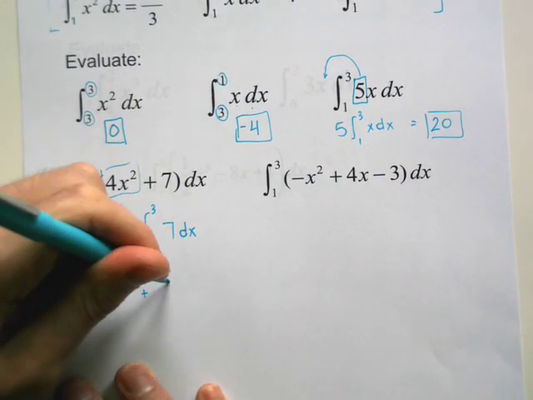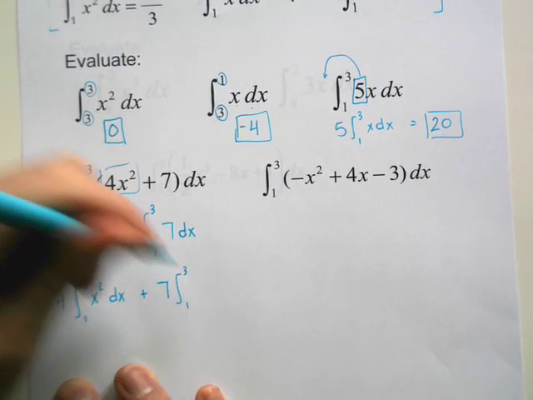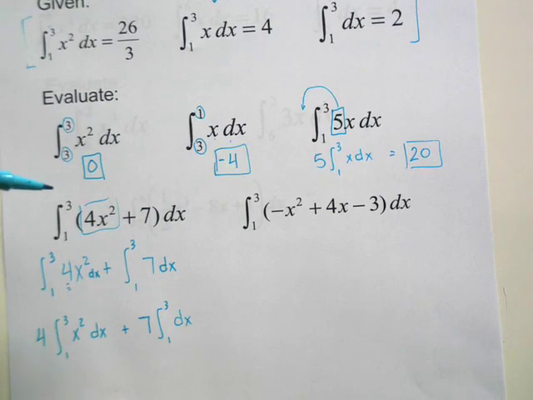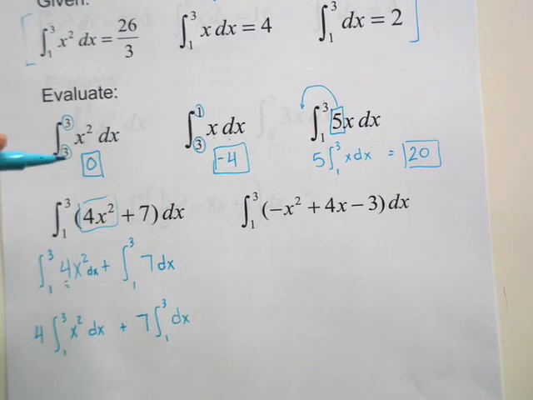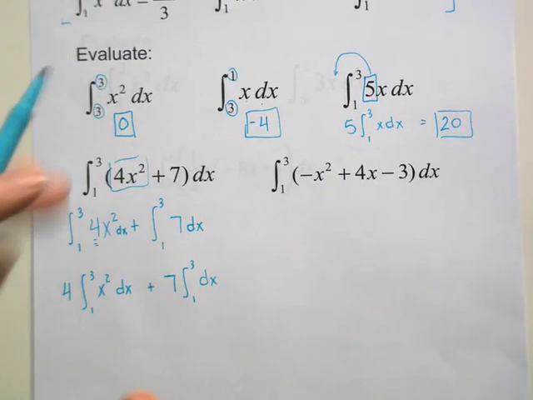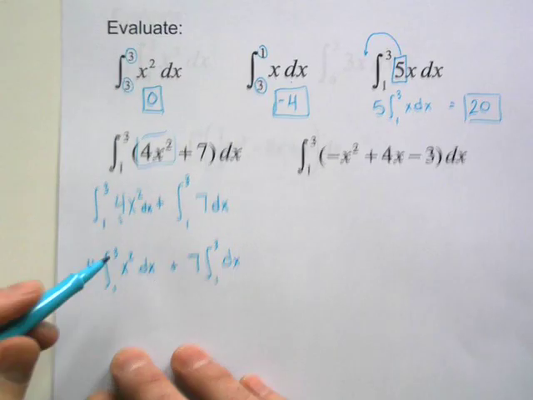plus I'm going to pull the constant out on this second one as well, 7 from 1 to 3. Now all I'm left with here is a dx, okay, which is fine because if you look at the top, I have just a dx right here, okay? So I've got everything good to go. I'm just going to have to do a little multiplying.